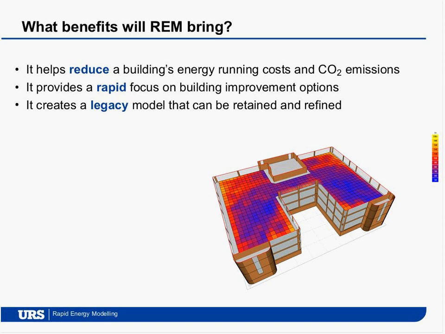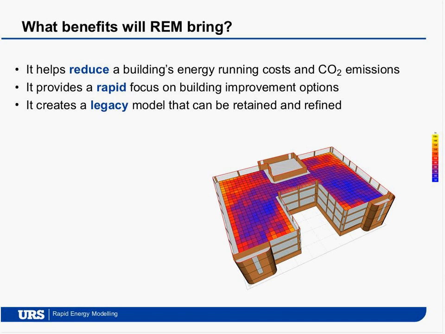Actually using this tool helps reduce the running cost and CO2 emissions of the building. That's the bottom line. But the tool itself provides a much more rapid focus on improvement options than could be done before. So we can be talking about days to make decisions on how to improve a building rather than weeks.